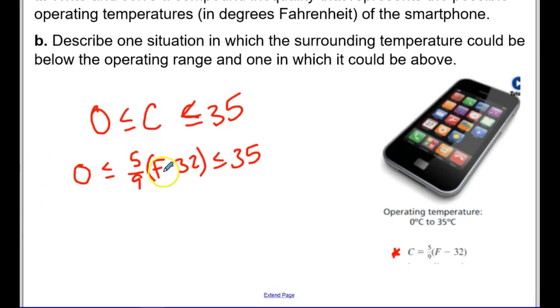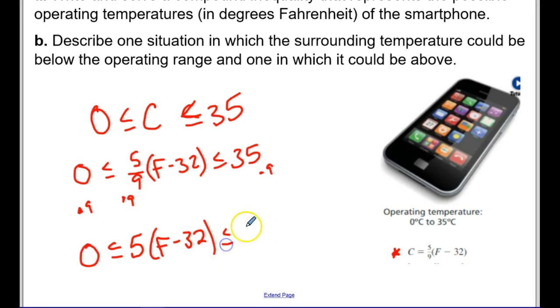So now let's go ahead and solve for that Fahrenheit. So the first thing I want to do is multiply by 9 to get rid of that fraction. So I end up with 0 is less than or equal to 5 times F minus 32 is less than or equal to 405.